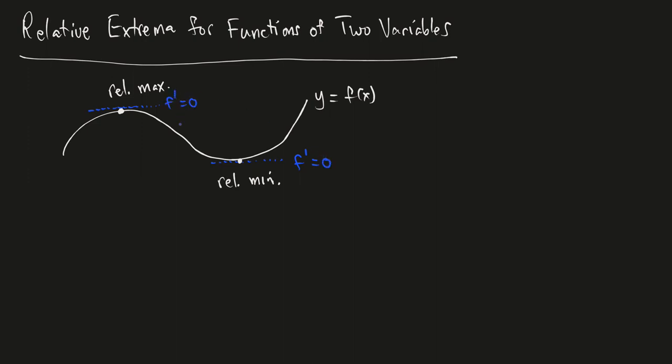But again, just having a first derivative that's equal to 0 does not distinguish between the maxes and the mins, so we need some other criteria. And the two big criteria that were used, we had the first derivative test and then we had the second derivative test.